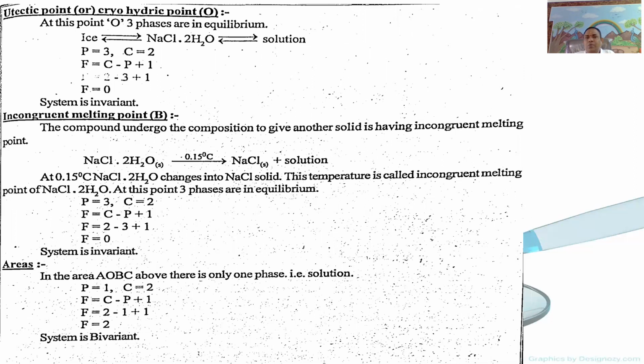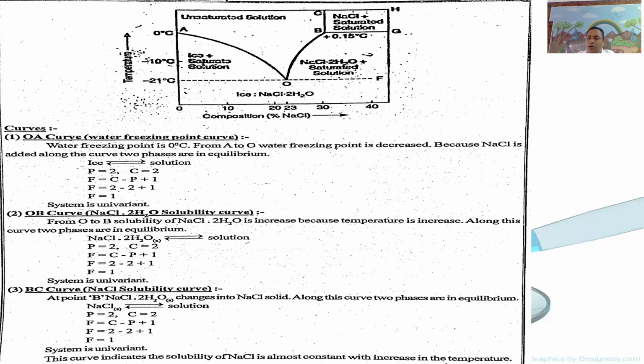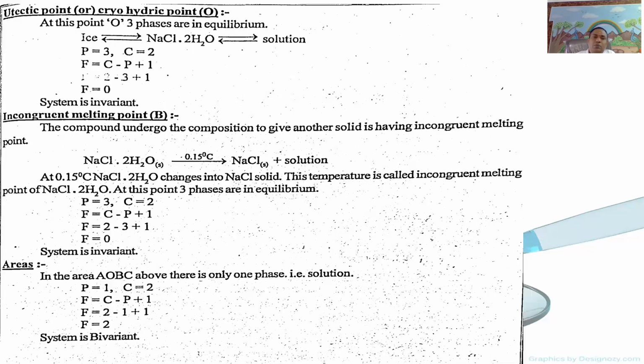The number of degrees of freedom required to explain any point on the curve based on the reduced phase rule is P plus F equal to C plus 1, so F equal to C minus P plus 1, F equal to 2 minus 2 plus 1, that is F equal to 1, which means it is a univariant system.